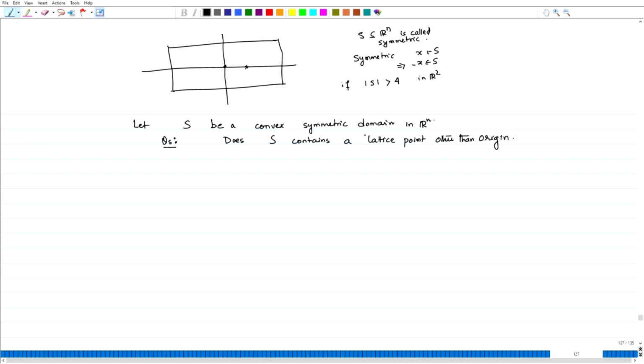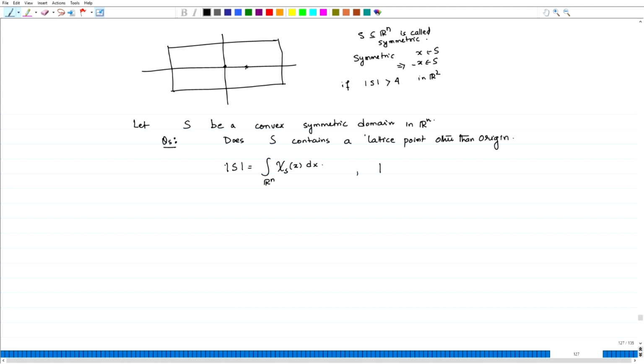Minkowski answered this question by, let us say, taking the volume of S to be the integral over R^n of chi of S of x dx. That is what the volume is.